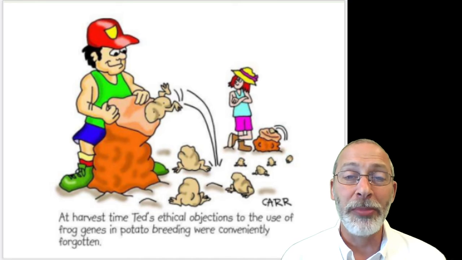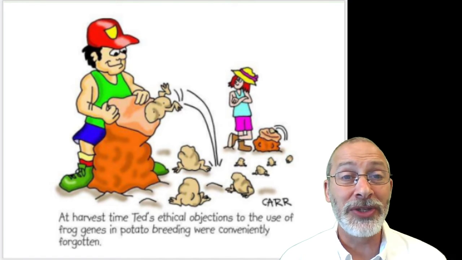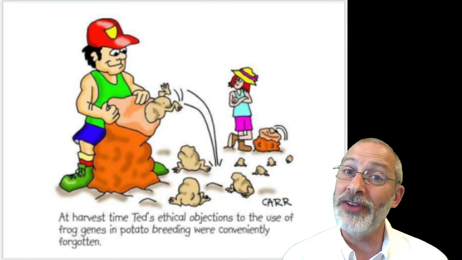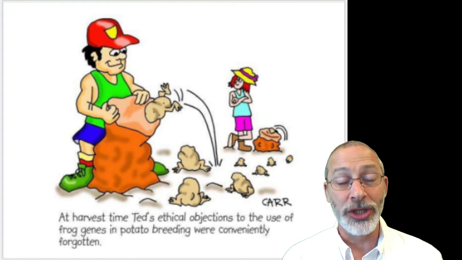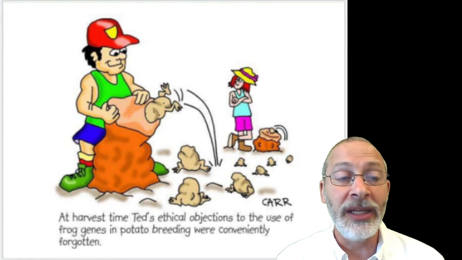Again, this is hyperbole, hopefully, an exaggeration, but it makes the point that if it is convenient for you, our objections may go out the window. All right, so that is recombinant DNA.